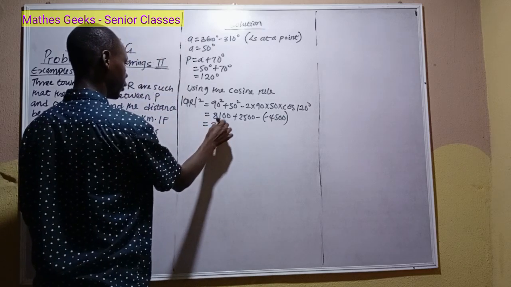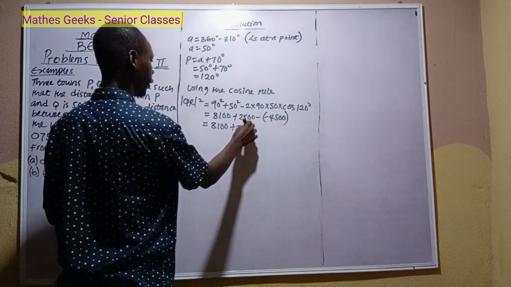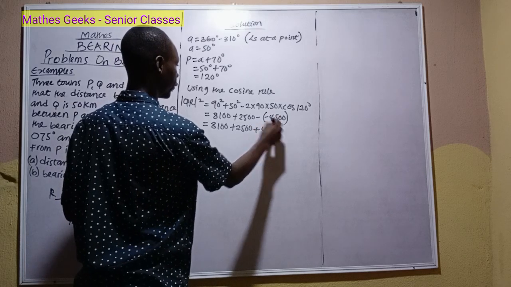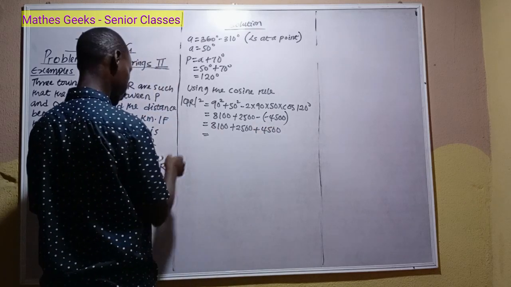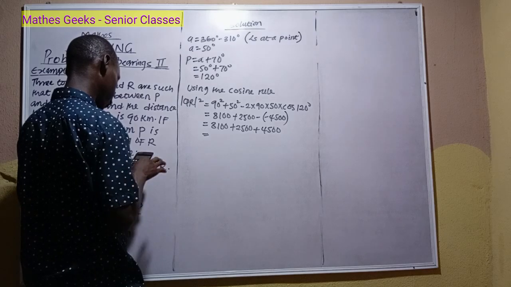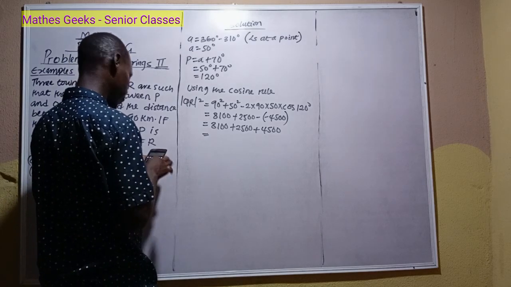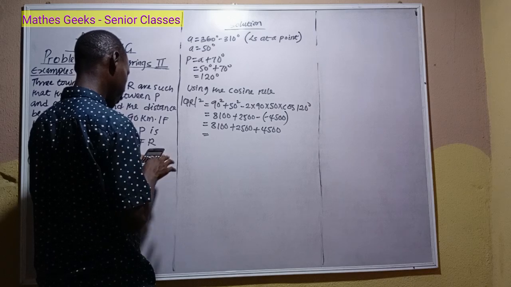Minus times minus will give us plus 4,500. That is equal to 8,100 plus 2,500 plus 4,500.